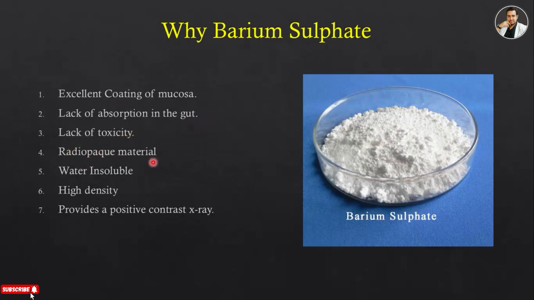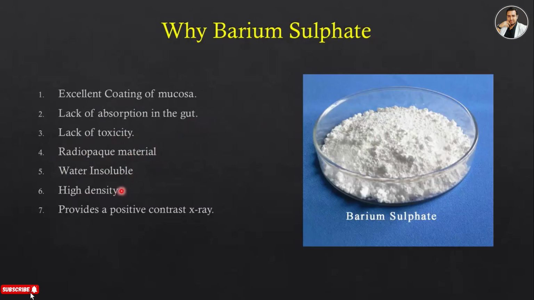It's a radiopaque material. So obviously barium sulfate should be a radiopaque material, and that's why we can visualize it on the X-ray, and X-ray cannot pass through this. And then water insoluble, so it is not soluble in water, and high density.